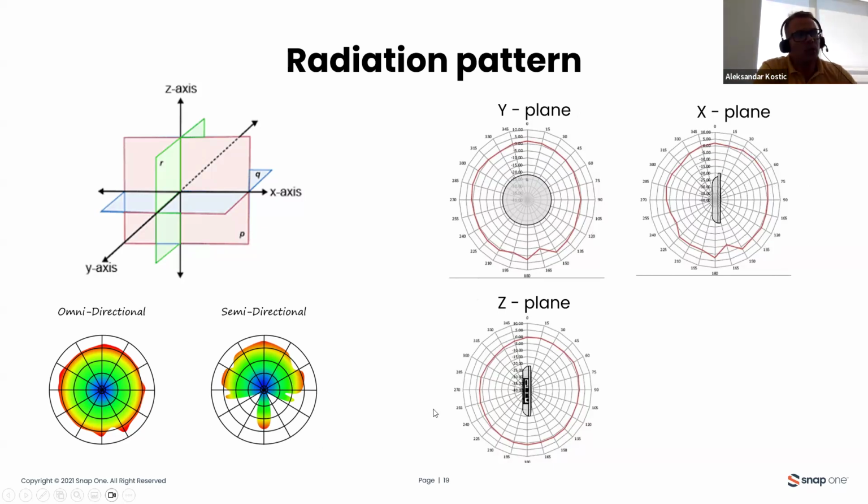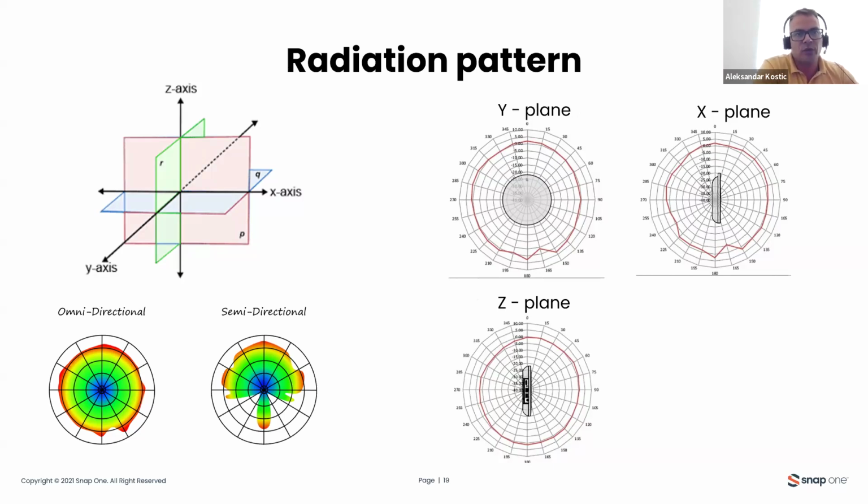Just to point out, when we speak about the access points and the radiation pattern, all antennas are integrated within the access point. So you don't have an external connection to connect any different antenna, maybe a directional antenna. The radiation pattern depends on the antenna type.